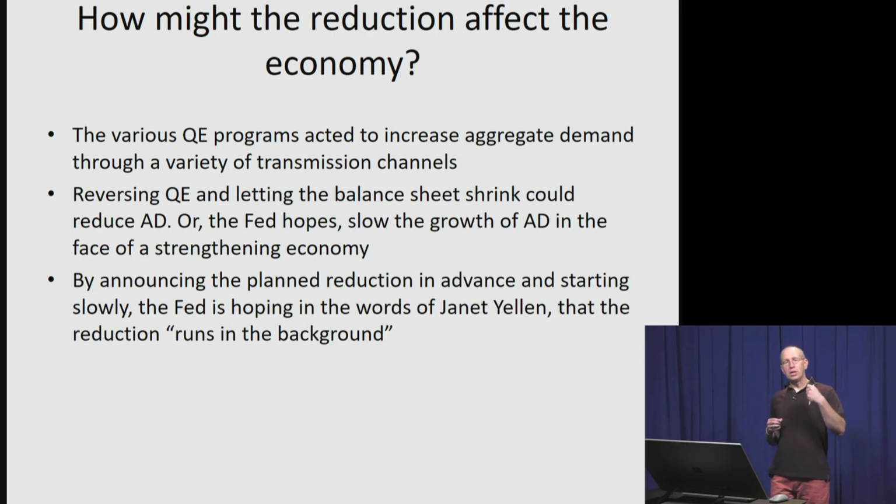Or what the Fed is really hoping is that this slows the growth of aggregate demand in an expanding economy. So they don't want the aggregate demand curve to shift back to the left. They maybe just want it to shift to the right a little bit more slowly. They've announced this planned reduction long in advance, communicated it to the financial markets and the public at large, and by starting slowly, in Janet Yellen's words, they want it to run very quietly in the background.